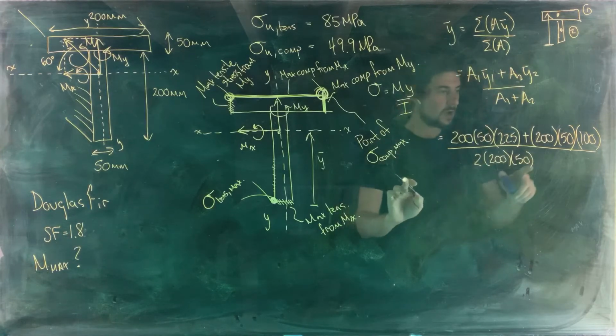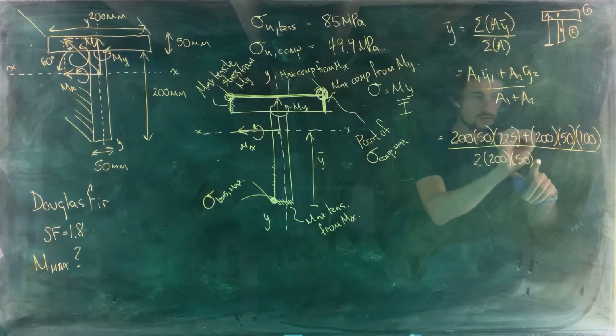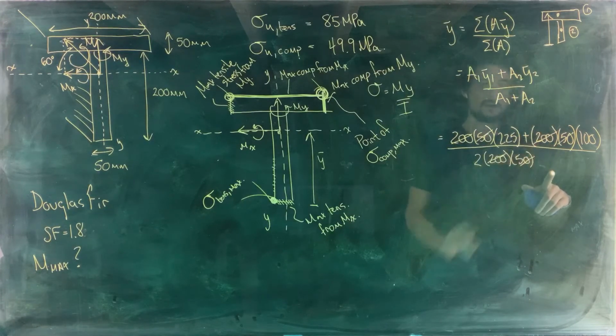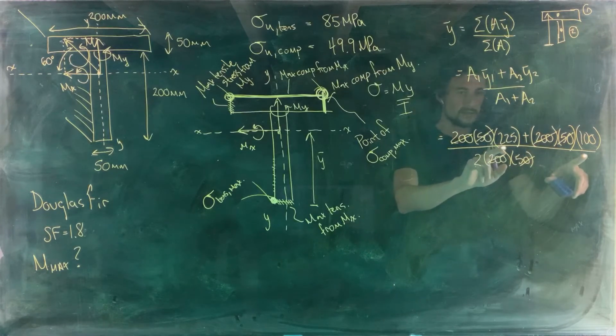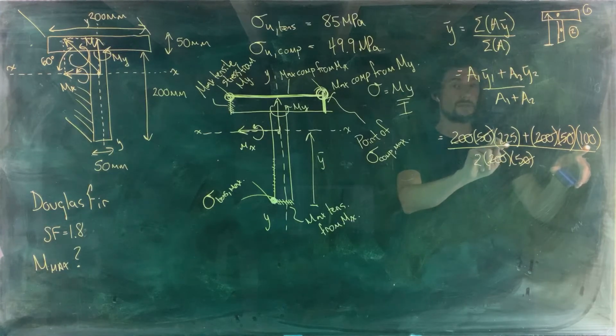The 200s can all cancel, the 50s can all cancel, and what we end up with is the centroid location of piece 1 plus the centroid location of piece 2, divided by 2. So we're just taking the average of the centroid locations for those two pieces.